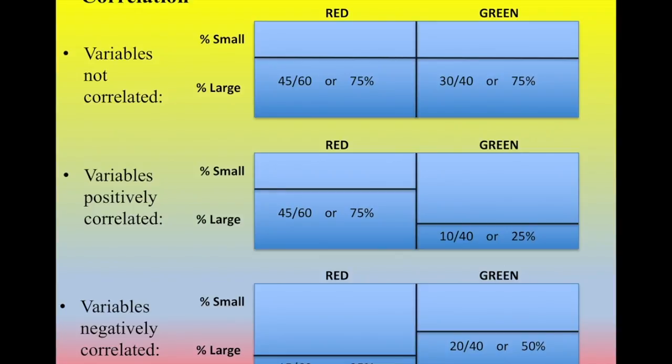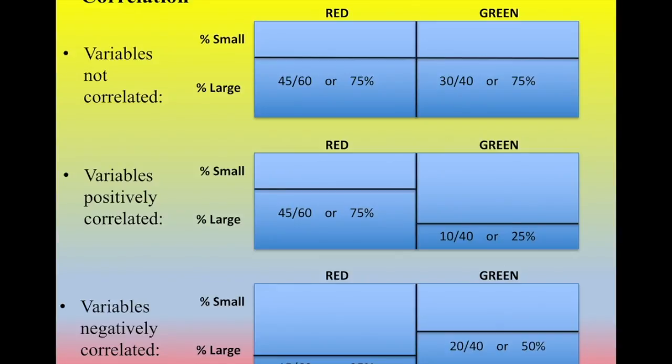In this lower left quadrant, you can see that 75% of the red marbles are large. In the lower right-hand quadrant, you can see also that 75% of the green marbles are large.